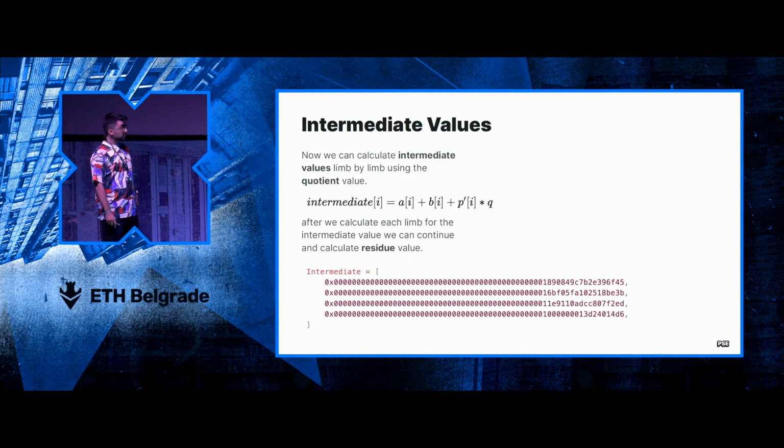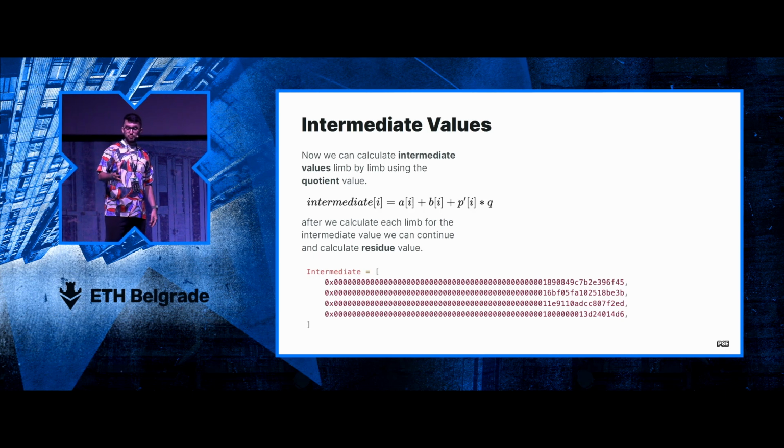Now the intermediate values. This part is a little bit lower level. It is needed to check our Chinese remainder part.